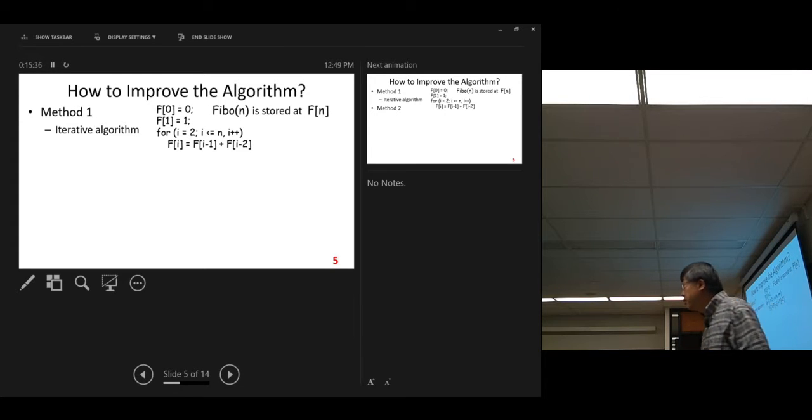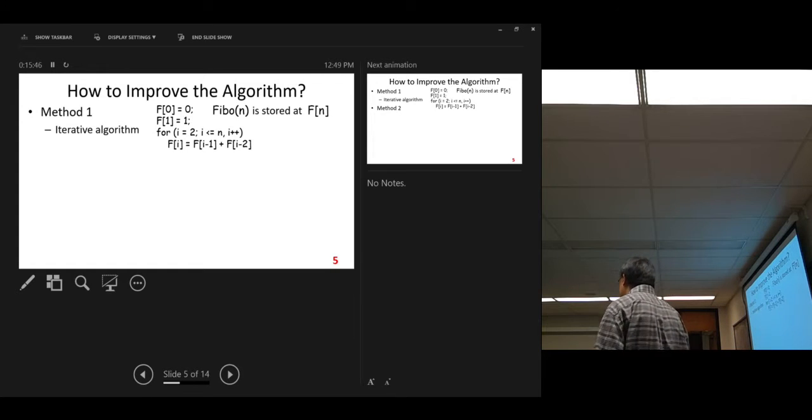Now you compare it with the previous one, the exponential function. I haven't done the calculation. If you're interested, at some time I will show you why the previous one gives an exponential growth function.